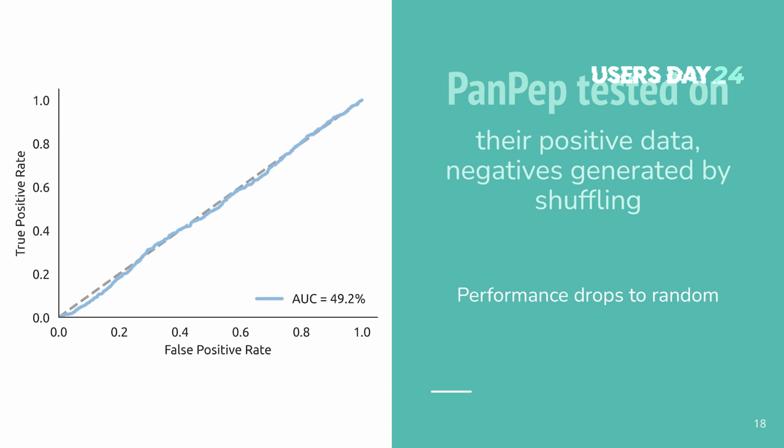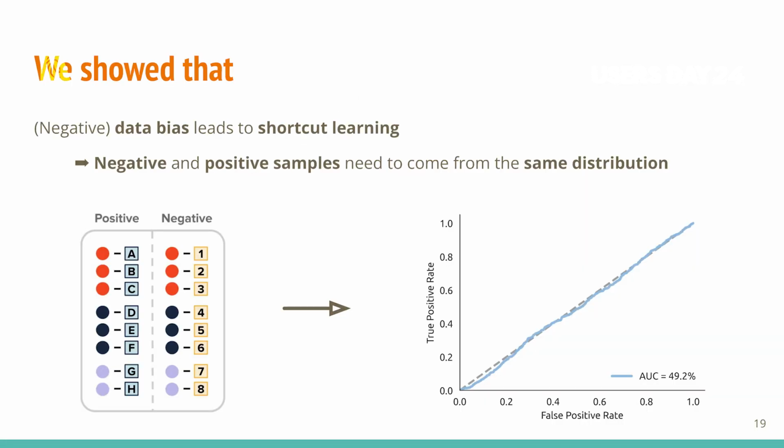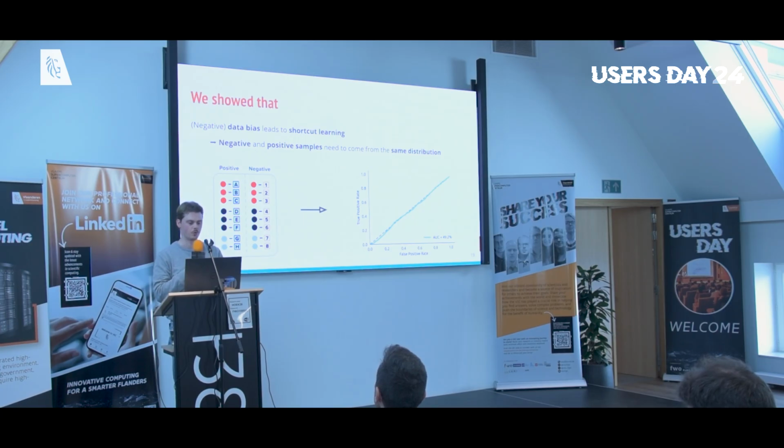Suddenly the performance is completely random. This is also not that surprising, because if you introduce a bias in the data, this is the simplest way for the machine learning model to distinguish between the positive and the negative samples. They will always go for the simplest solution and just learn the bias instead of the true patterns.